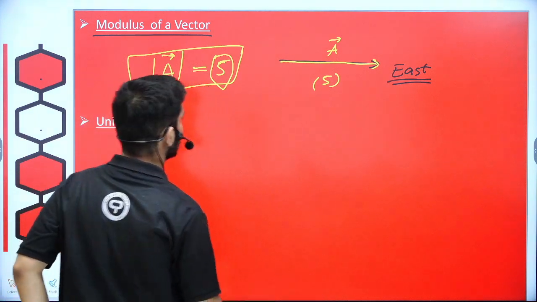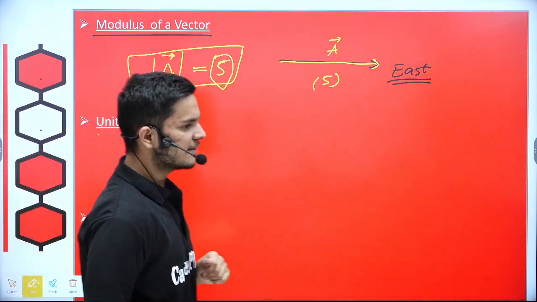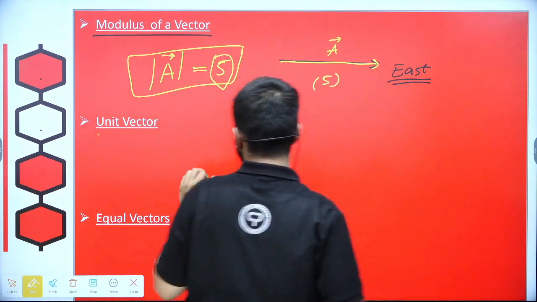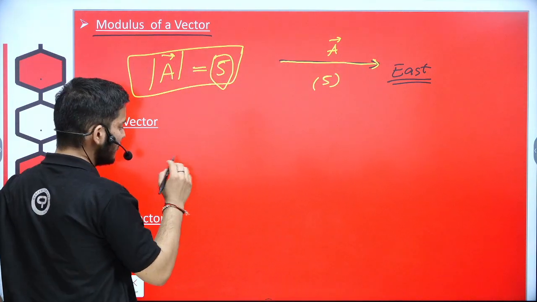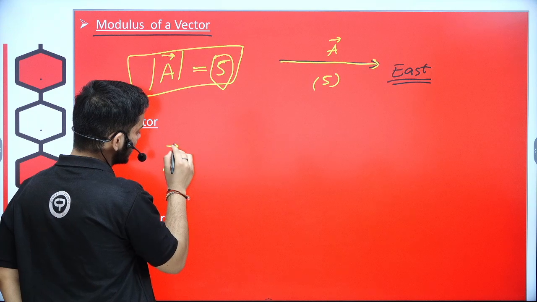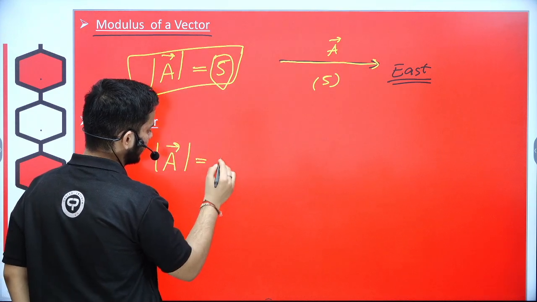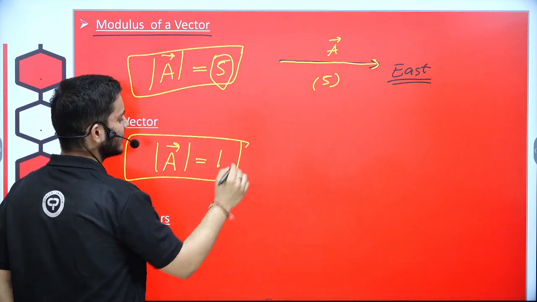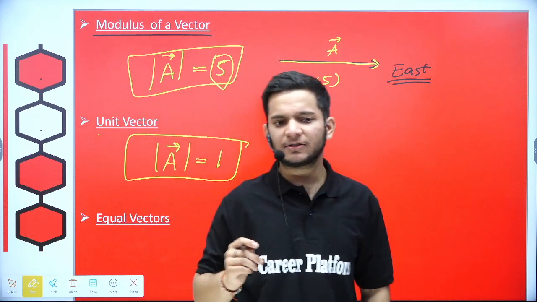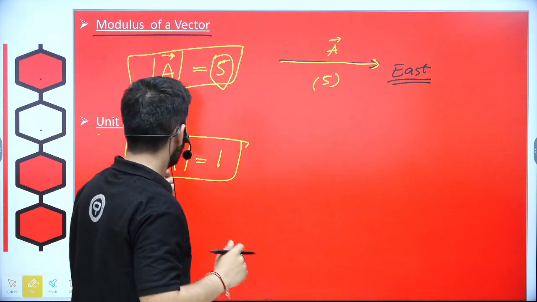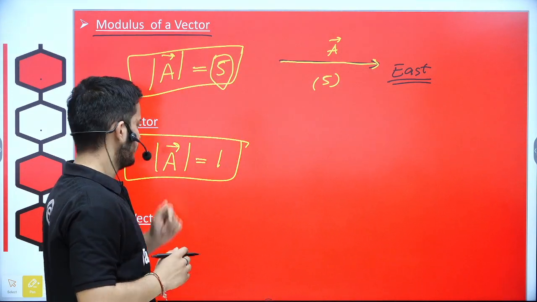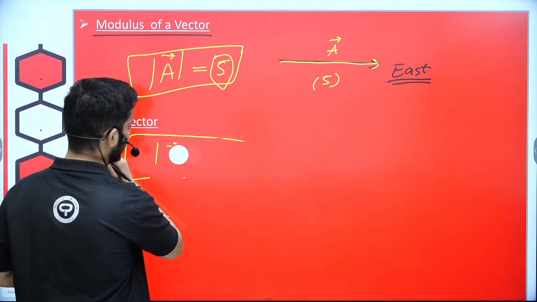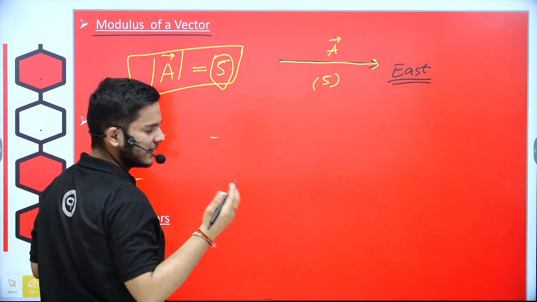So now let's move ahead. What do we understand by unit vector? See, unit vector is when the magnitude of a vector is 1. When the magnitude of a vector is 1, it is called a unit vector. And how do we represent it? Suppose we take any alphabet.